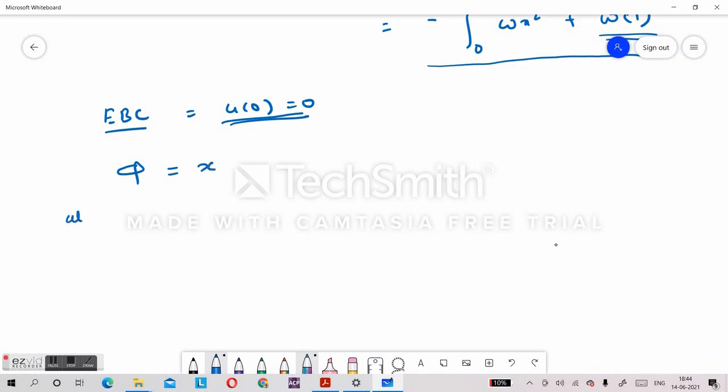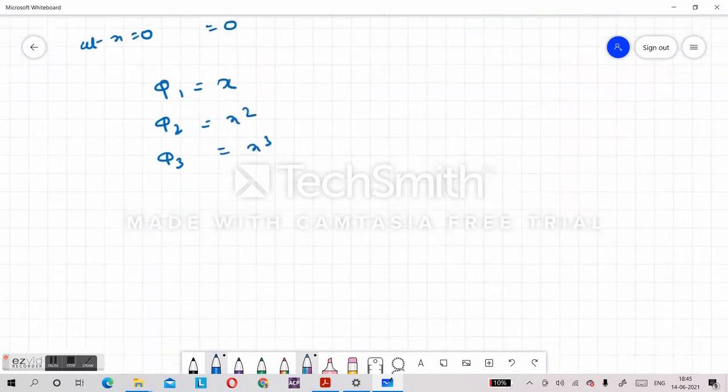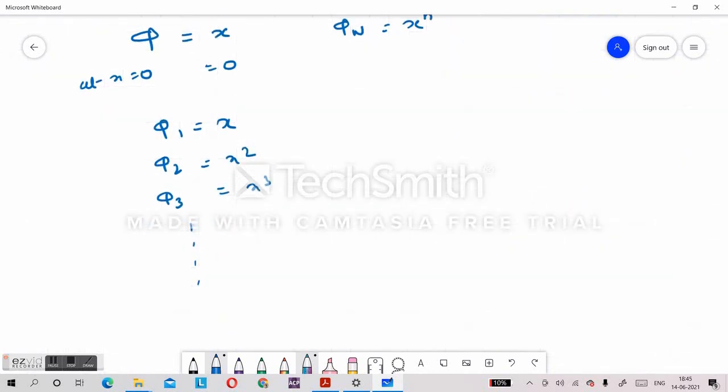If we choose phi equals to x, then at x equals to 0 it is 0. So we can choose phi n equals to x^n. So phi 1 equals to x, phi 2 equals to x square, phi 3 equals to x cube, and so on.